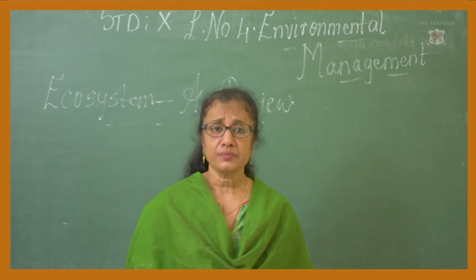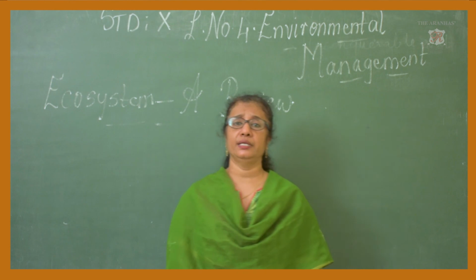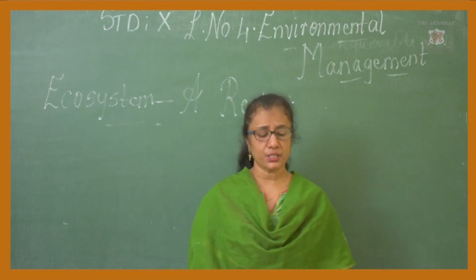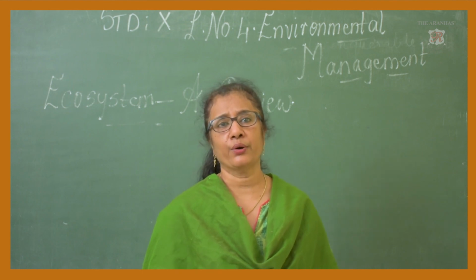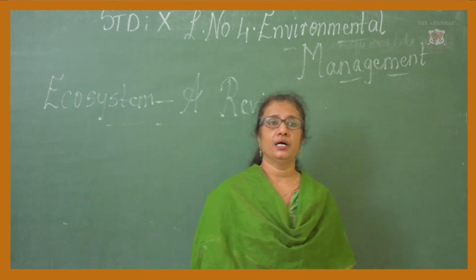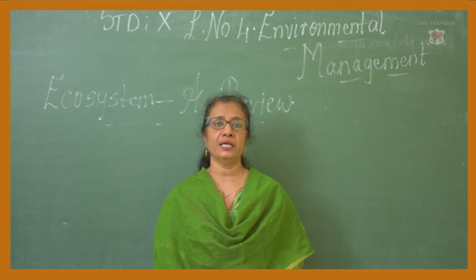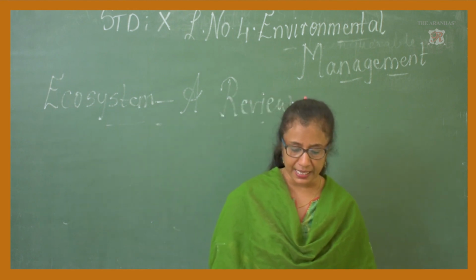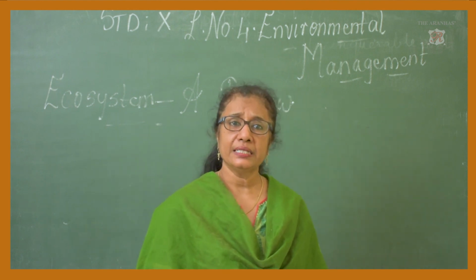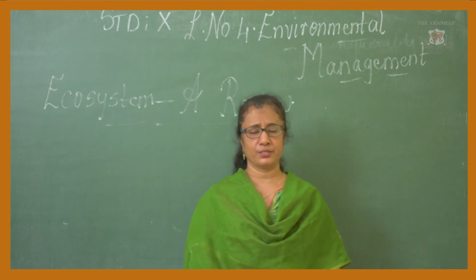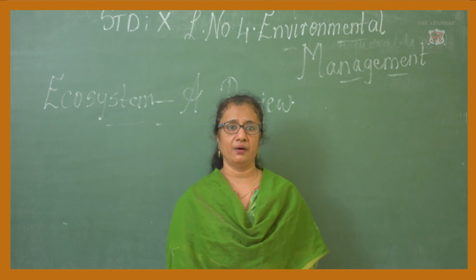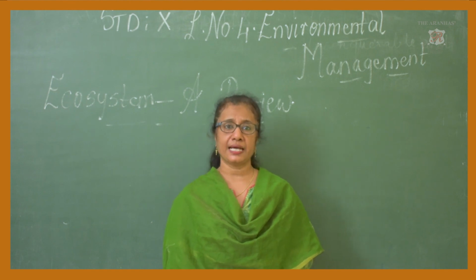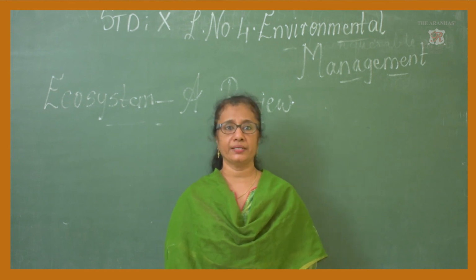Now, as I told you in the earlier part of the lesson, decomposers or scavengers are organisms which survive on dead remains of plants and animals. In this you can even have caterpillars. The caterpillar is the young one of a butterfly, the larval stage, and it grows into an adult butterfly.